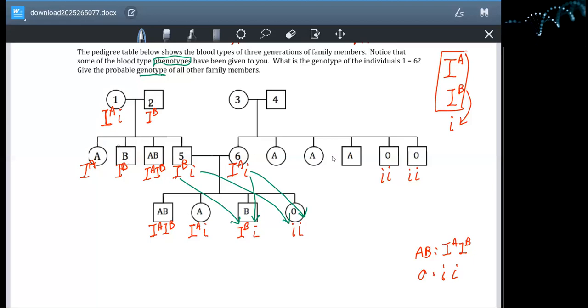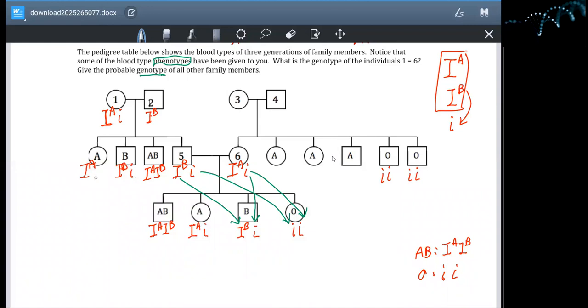For this son to be B, she can give the big IB, but can he give another big IB to be homozygous B blood type? No, which means this kid must be big IB, little i. Does that make sense? Because he got the big IB from dad. That means he can only be a B blood type group with a little i.